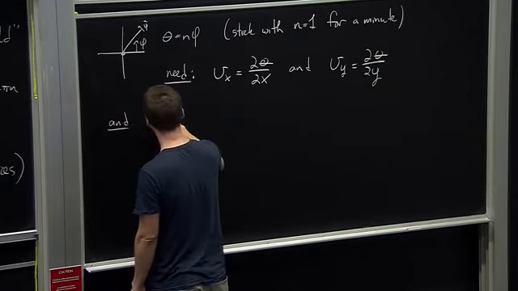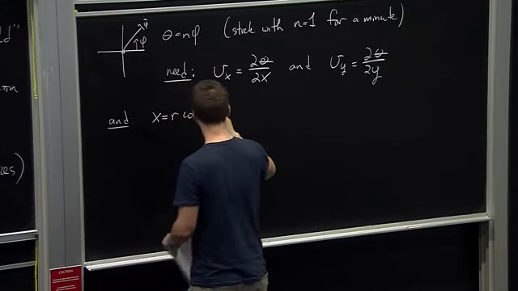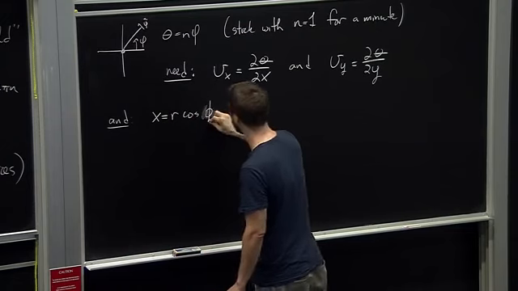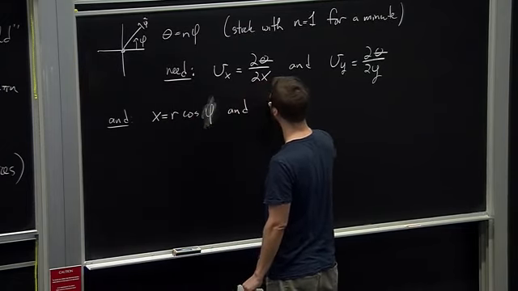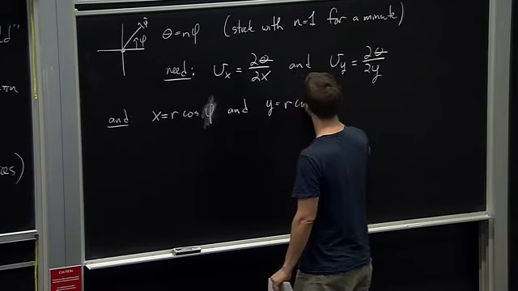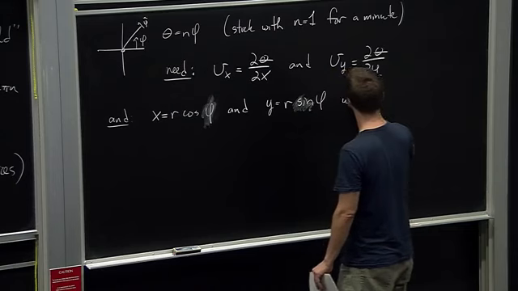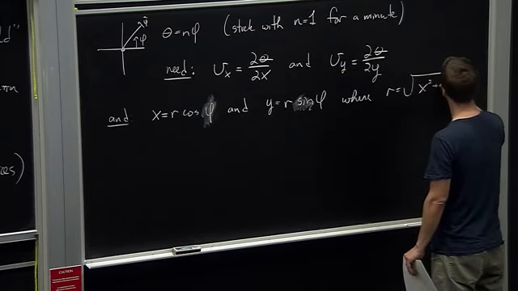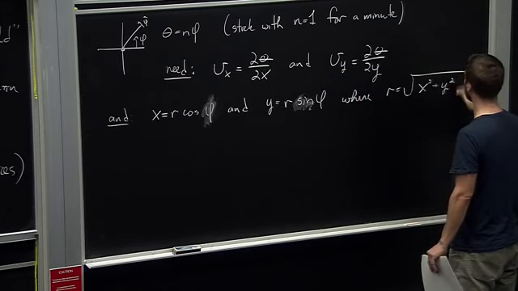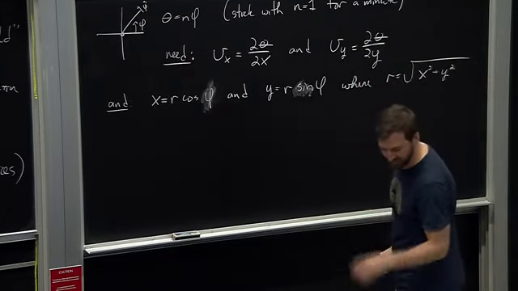Okay, so the Cartesian coordinates are r cos phi in that coordinate system, and y is r sine phi. Okay, so we've done this many times, but it's always confusing.